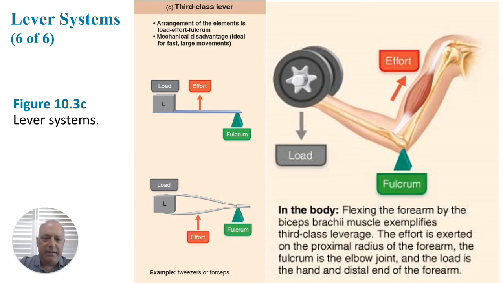And then third class levers is like flexing the forearm. The fulcrum is the elbow joint, and the load is the hand or the distal end of the forearm, and the effort would be the biceps. So there's a mechanical disadvantage to this third class, but there is a speed advantage.